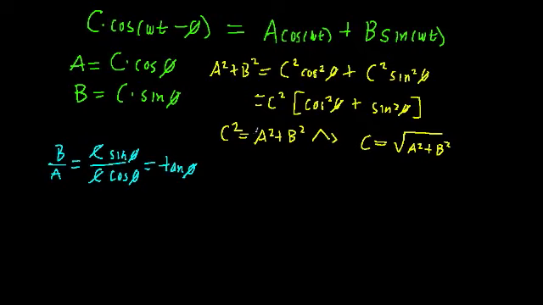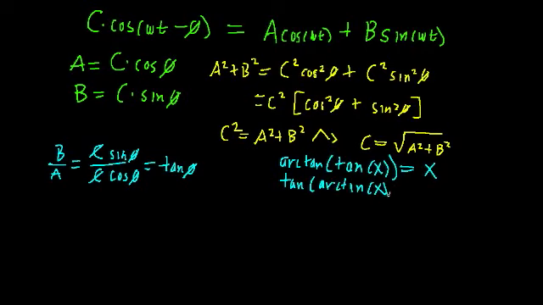So let's invoke what they call inverse trig functions. Basically, if you recall, if you take the arctan of the tangent of, let's just say, x, that is going to be equal to x. Or the other way around, if we have the tangent of the arctan, the inverse tangent of x, that's also going to be equal to x.